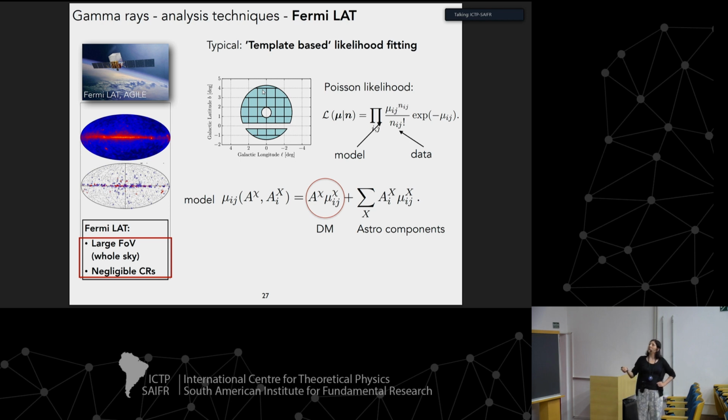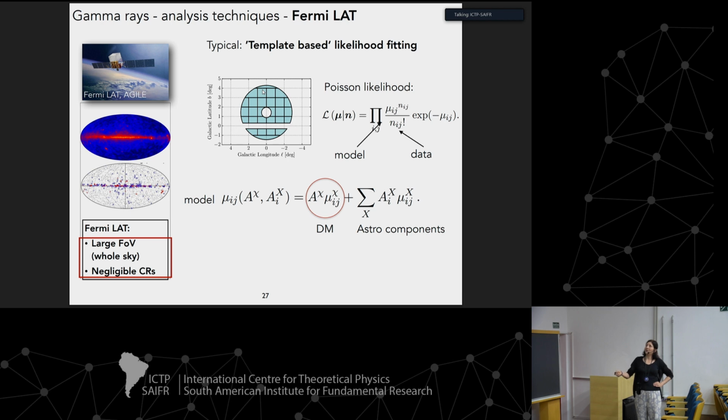And then you bin your data in space. You divide it in spatial pixels, and you divide it in energy pixels, and you create a Poisson likelihood function. This is the data, this is the model. So you basically deal with the counts in each energy and spatial bin. You define your likelihood that way between the model and the data, and the model itself has parameters.